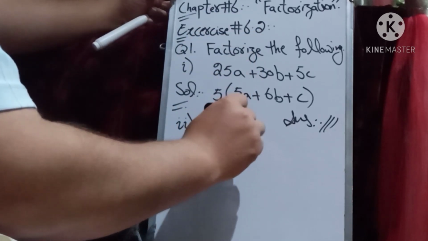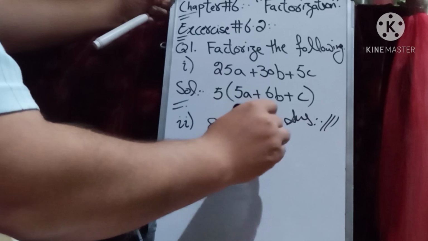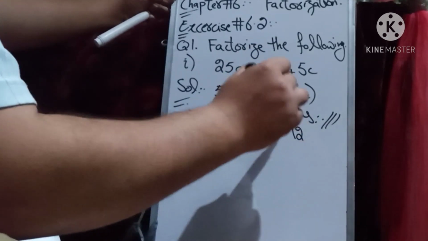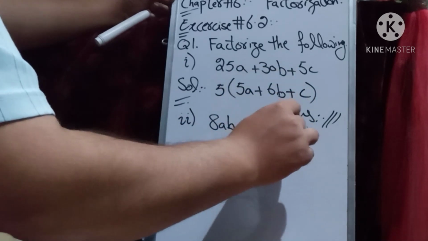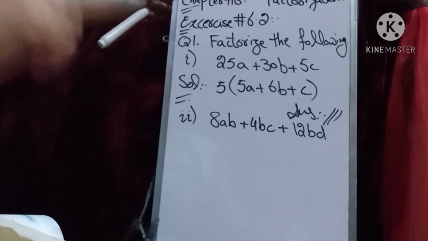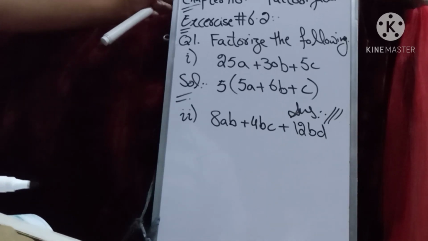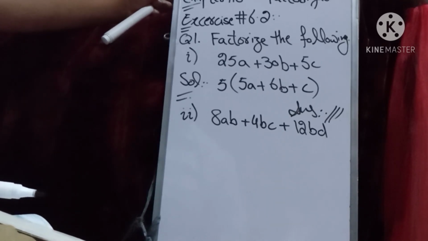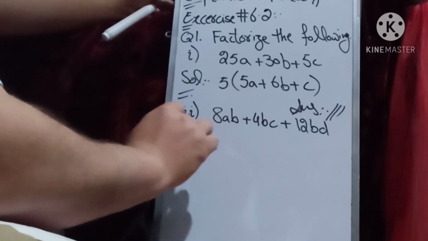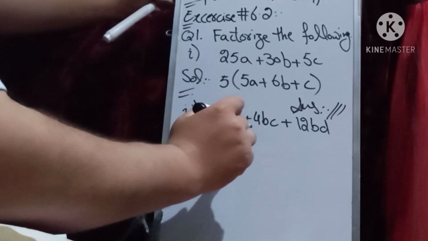And the next question is 8ab plus 4bc plus 12bd. We should again take a common factor, the least common factor.